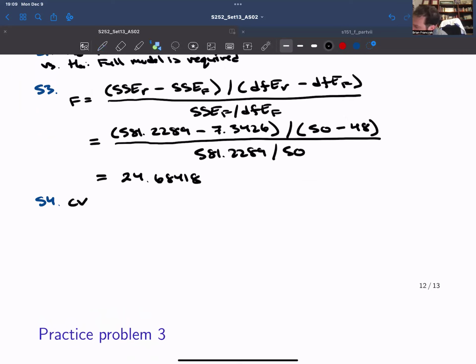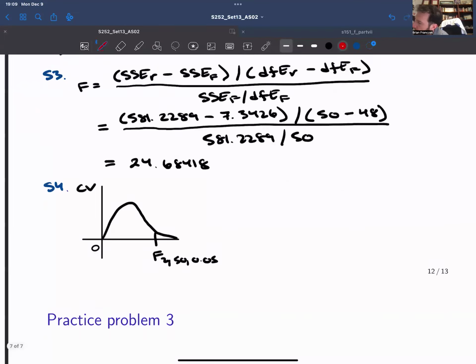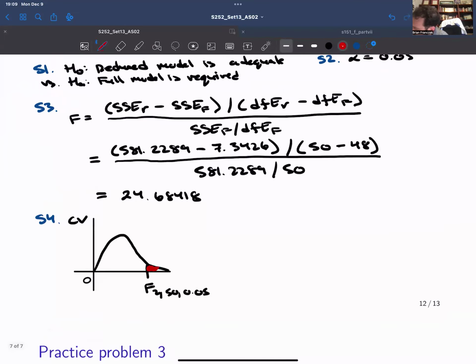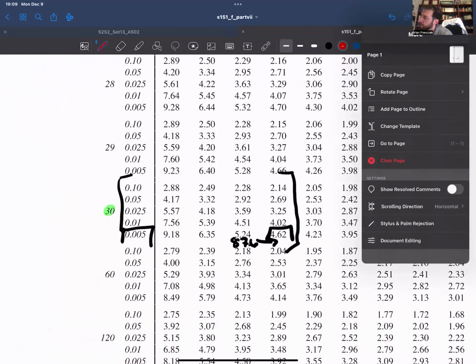So if we take the critical value approach, all right, so we have an F on 2, 50, 0.05. So you'll notice that I'm just taking the degree of freedom in the numerator of the F statistic and the degree of freedom calculation in the denominator of the F statistic. So the 2 is 50 minus 48, and the 50 is 50. So we go back to our F table now.